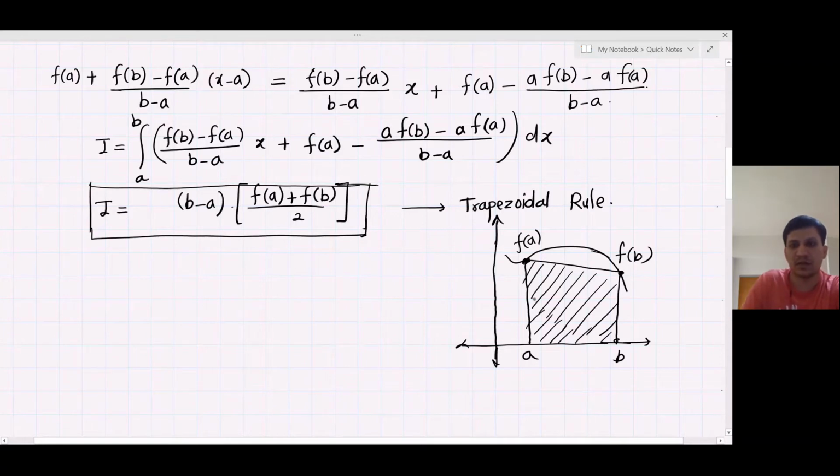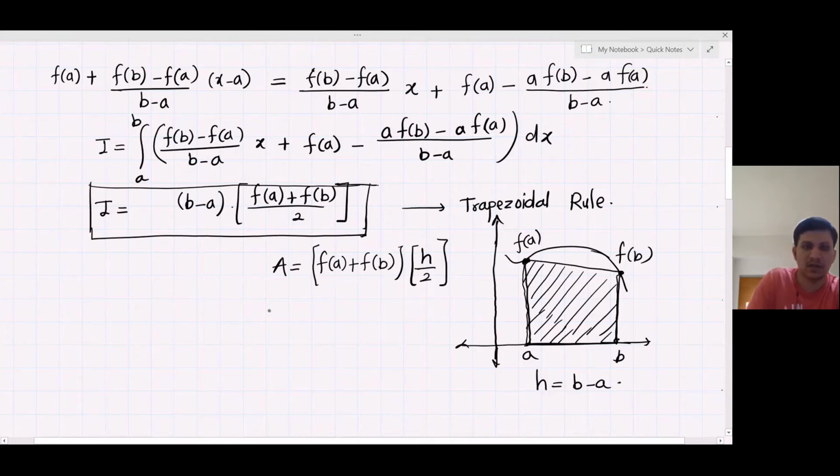By geometry, we know the area of a trapezoid: if two sides are parallel, then the sum of the parallel sides, that is f of a plus f of b, into the height, divided by 2, where this height is equal to b minus a.